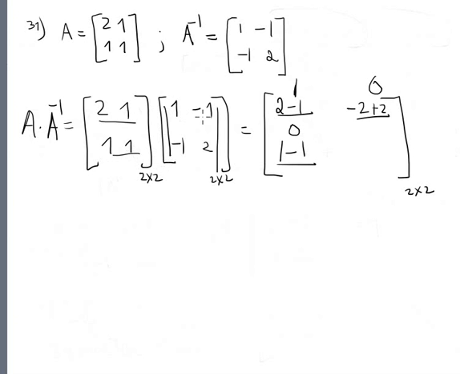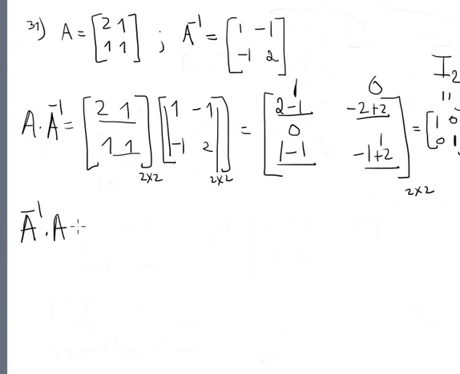And finally it is negative 1 plus 2, which is obviously 1, and we get the identity matrix of dimension 2. So this is equivalent to the symbolic identity 2. Likewise, when you multiply in a different order, in general it's not the same, but in this case, yes, it's the same, a particular case.